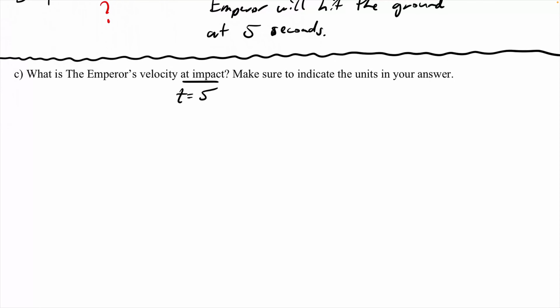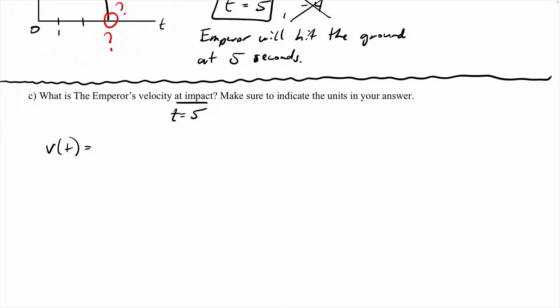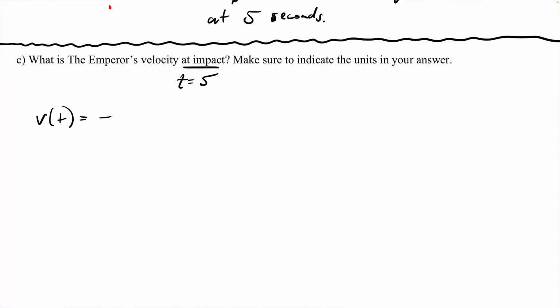Take the derivative, good. The derivative is velocity, so it would be negative 32t plus 16. Good. And then what do we do? Plug in 5.